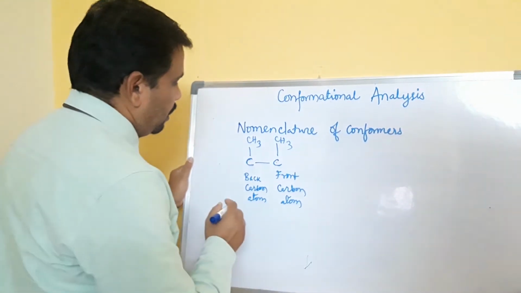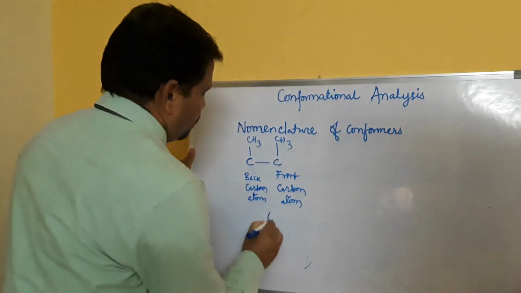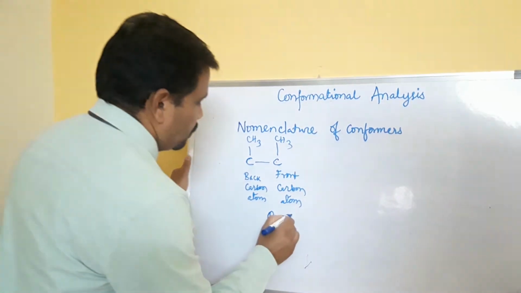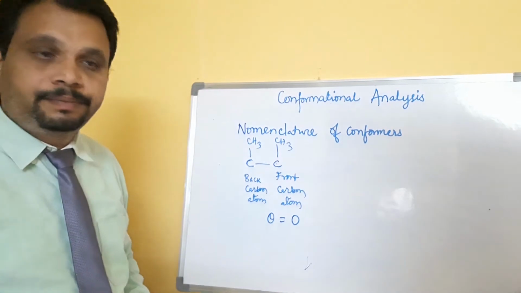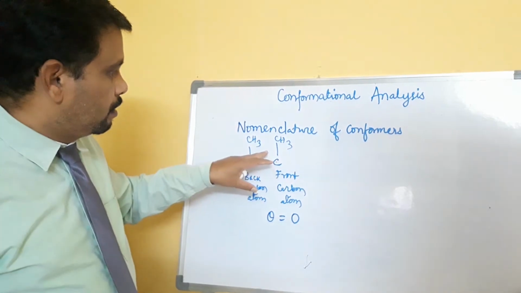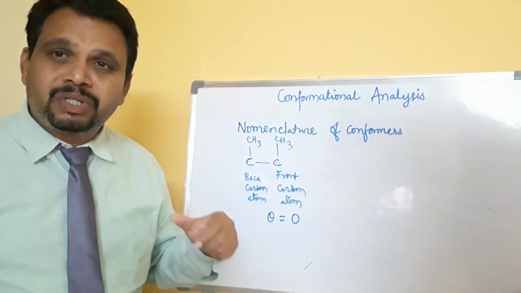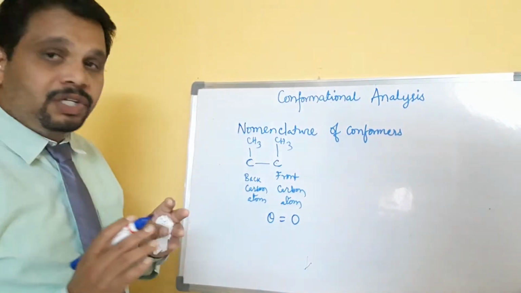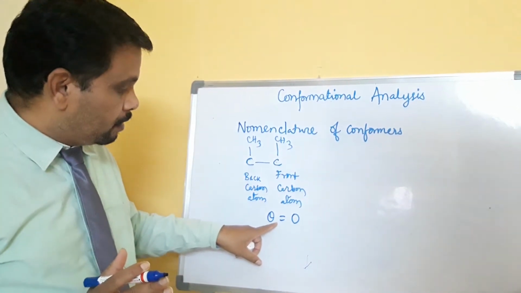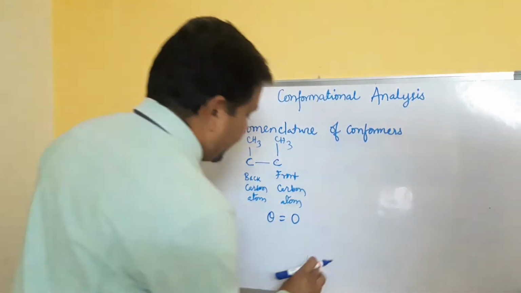The dihedral angle, which can be indicated as theta, is therefore 0. So in conformers, when the fluidicial pairs, the top priority atoms or groups, are eclipsed and the dihedral angle is 0, they are called fully eclipsed conformers.